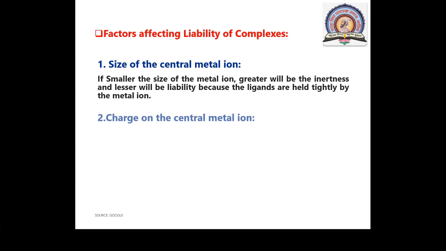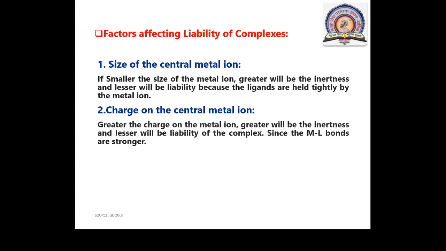Okay, so the second factor is charge on the central metal ion. If your central metal ion carries a higher charge, greater will be the inertness. Again the same concept is here. Why is this so?